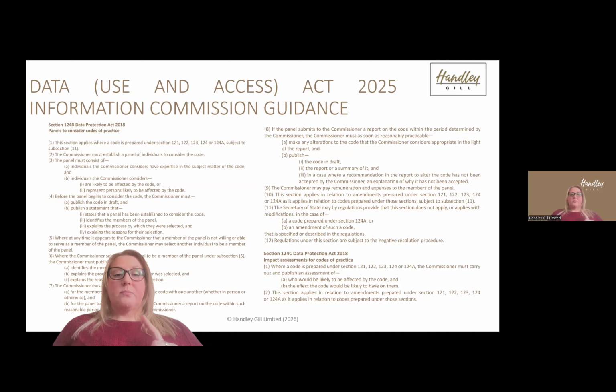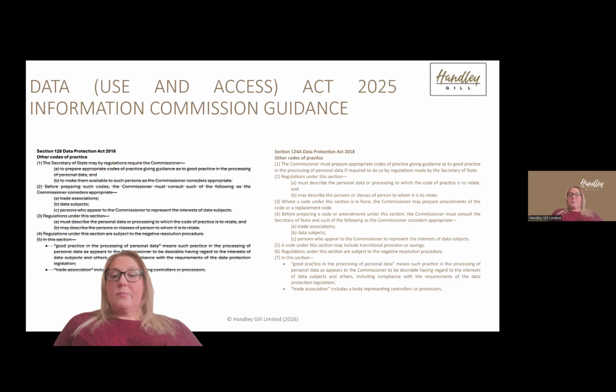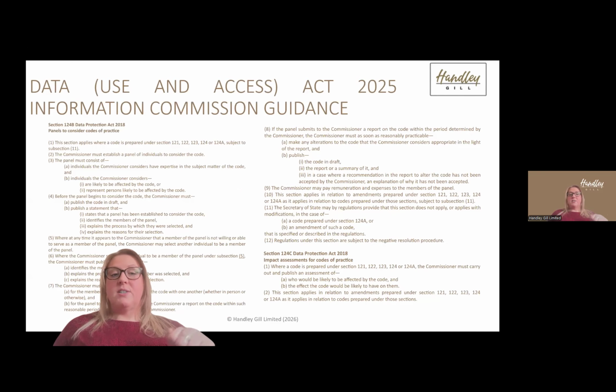In addition, where a code is prepared under sections 121, 122, 123, 124, 124A, so those are a code in relation to direct marketing, data sharing, processing of personal data for the purposes of journalism, art, or literature, the age appropriate design code or the children's code, or these other codes, as well as consulting the trade associations, data subjects, and people who represent them insofar as it considers appropriate.